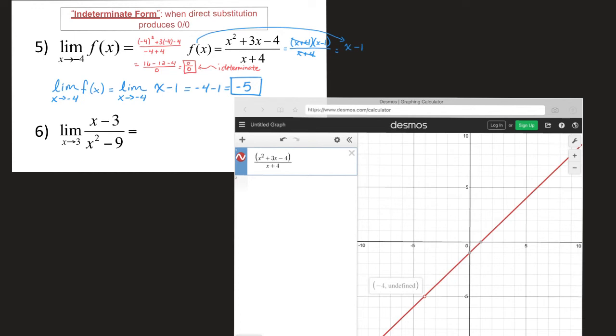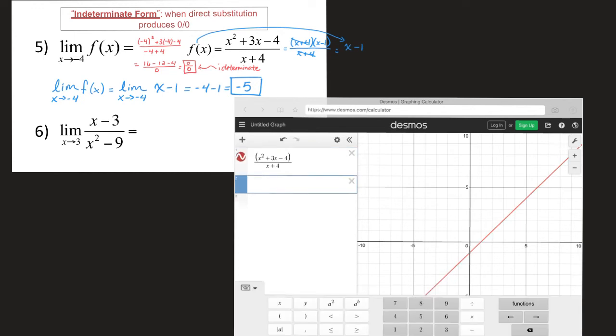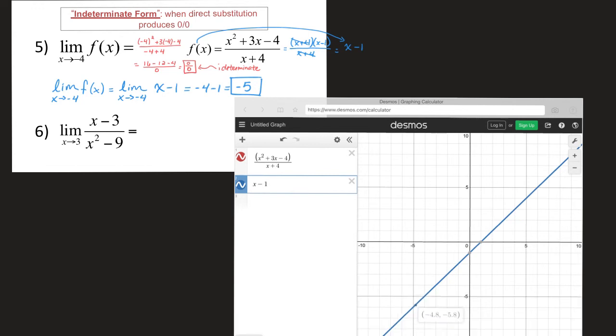So what I did instead was graph the reduced form of the function. The reduced form of the function is the exact same as the original function, but now if I trace the reduced form, that value is now defined. So when I plugged -4 in, I got out the y value that I was approaching, and the y value that I was approaching was -5.